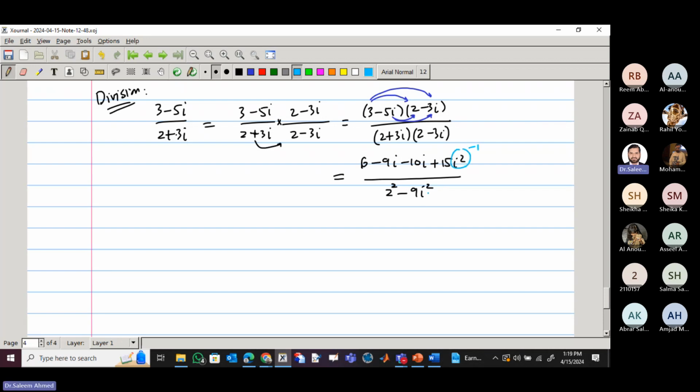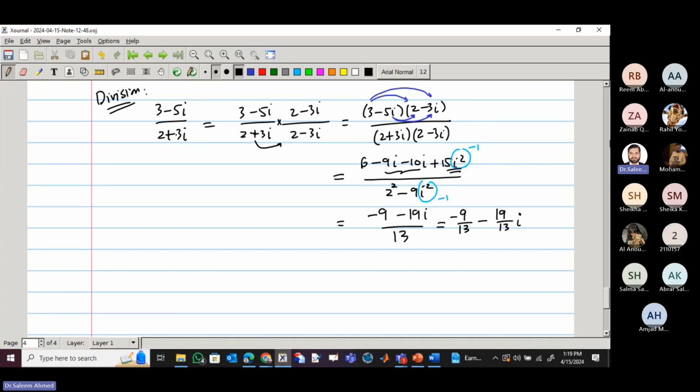So you got 6 minus 15, and the iota terms add up to minus 19 iota. 6 minus 15 is minus 9, divided by 4 plus 9, which is 13. So this becomes minus 9 by 13 and minus 19 by 13 iota.